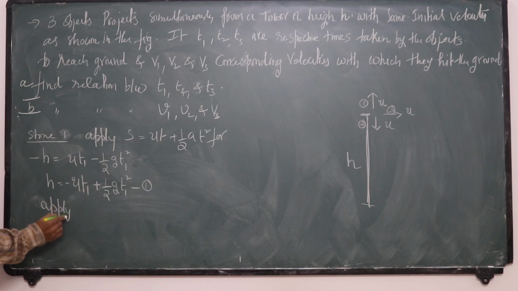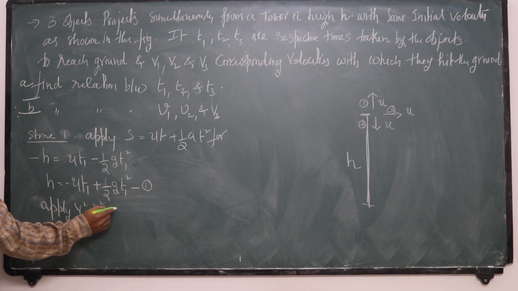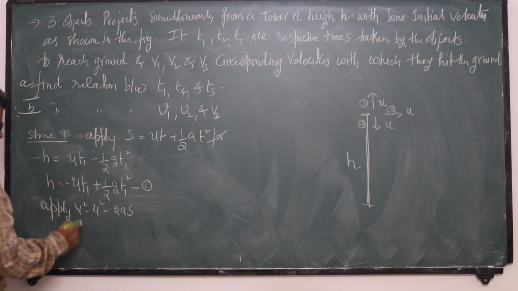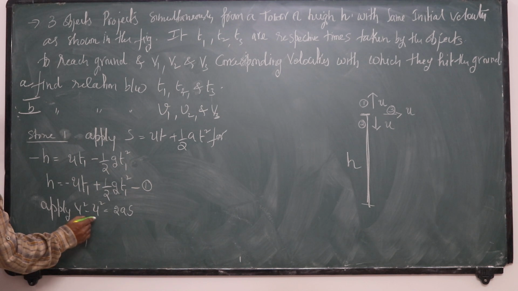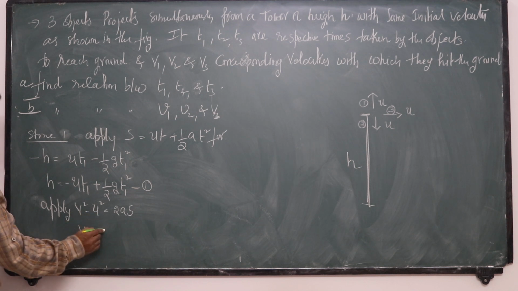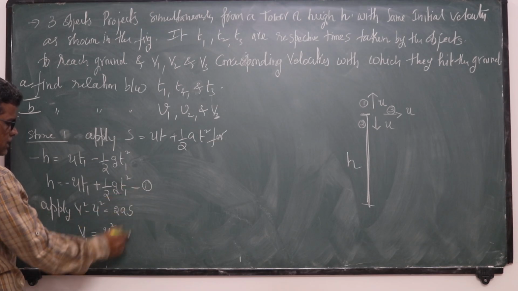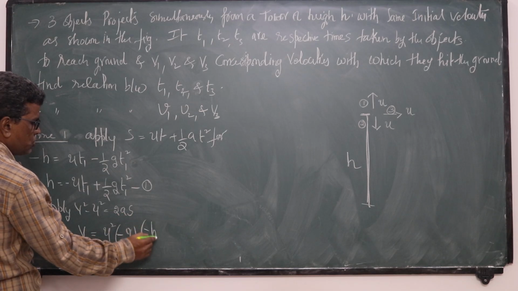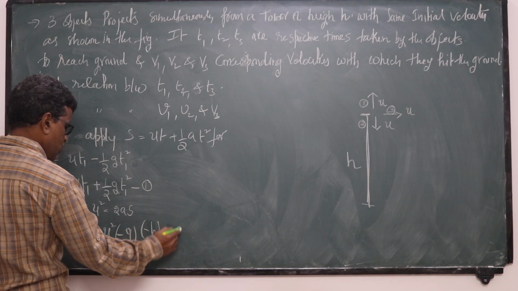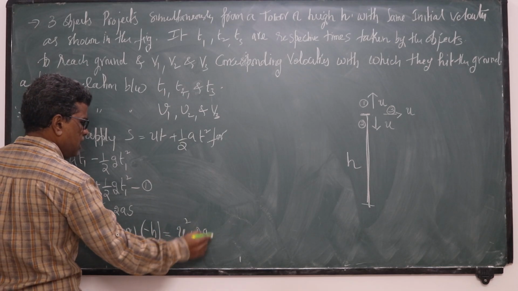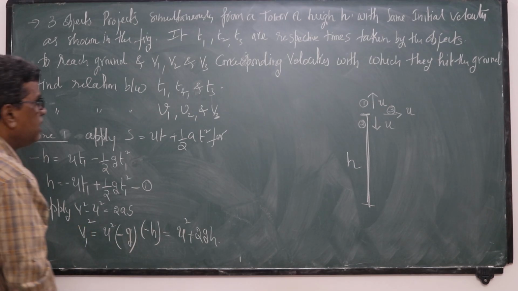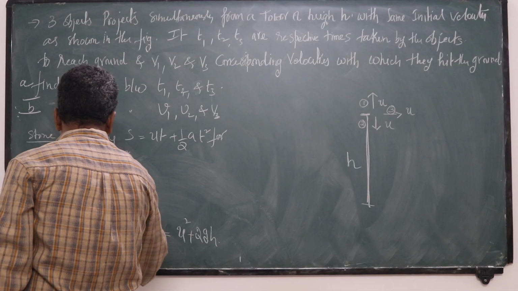For the first one, with what velocity will it hit the ground? Apply v square minus u square is equal to 2as for stone 1. We want v1. You bring this side plus u square. Since it is rising up, minus g, and s is minus h. So this becomes v1 square, so v1 is equal to square root of u square plus 2gh.